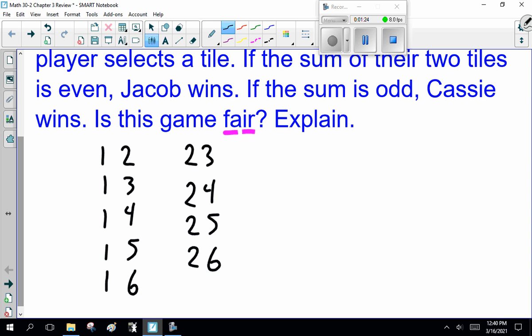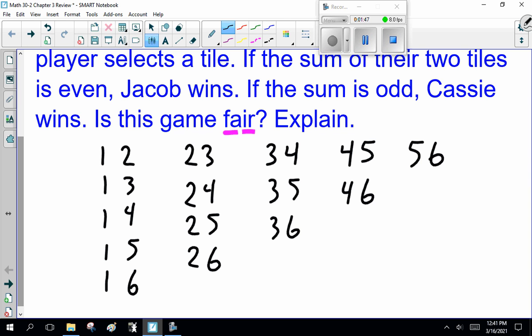Or one of the tiles is a 3. We've already done 3, 2 and 3, 1, so we can't have 3, 3, so 3, 4, 3, 5, 3, 6. You see the pattern here. So, 4, 1 has been chosen, 4, 2, 4, 3, we don't have 4, 4, so 4, 5, 4, 6, and then it's 5, 6, and we're done. So, I don't like listing them all, but it's the only way I can see.